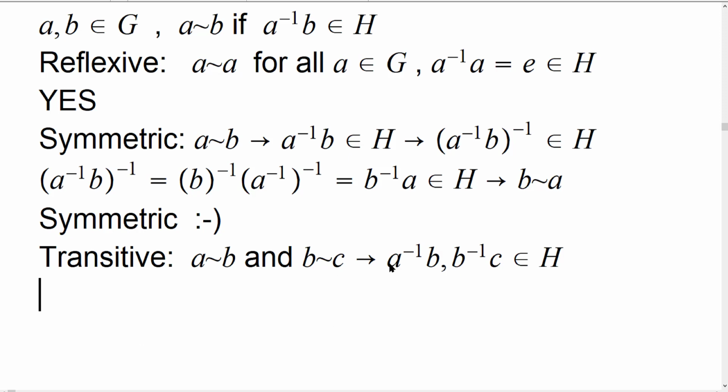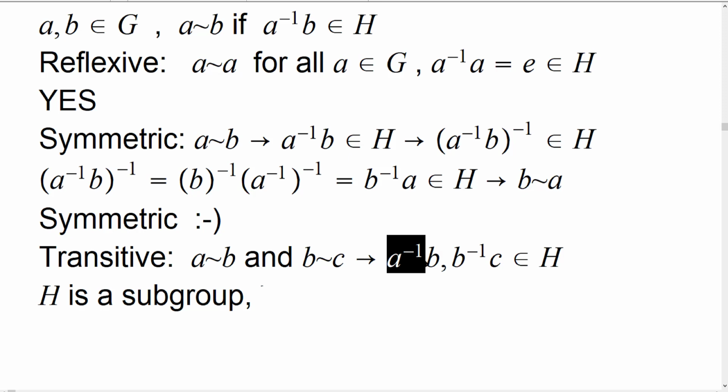And that looks to be true right from here, because these two are elements of H and H is a subgroup of G. So it will be closed with respect to multiplication. Now remember, I'm not writing composition anymore, and because of the associativity, I'm not writing brackets anymore either.